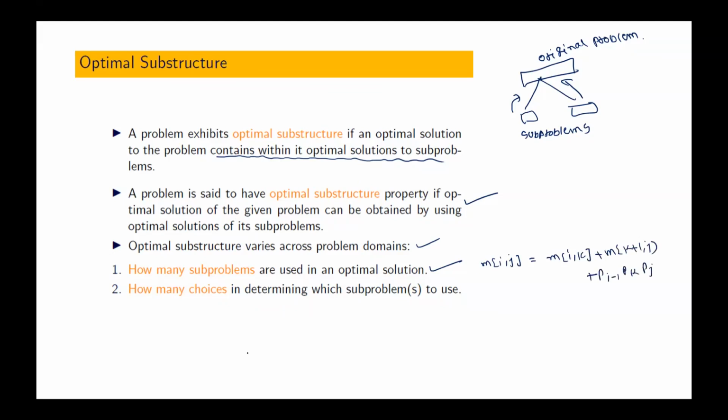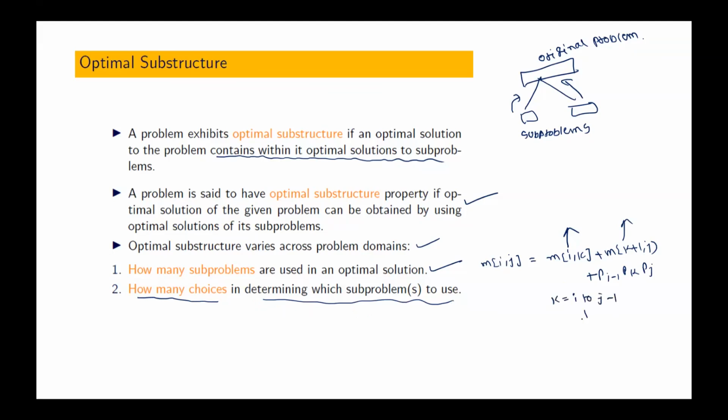How many subproblem definitions do we use? Two are required. But how many choices do we have in determining which subproblems to use? Because here k takes any value from i to j minus 1.